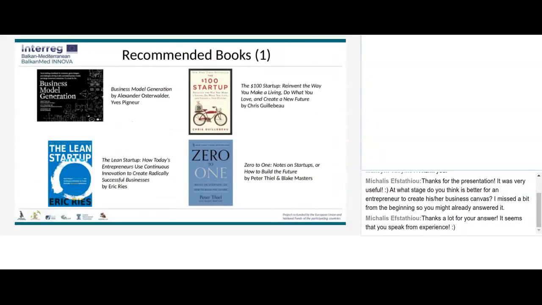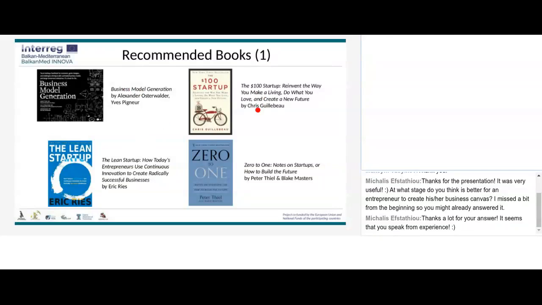So this was for Uber. These are some recommended books that I want to leave you with. The Business Model Generation, which is the main book if you want to learn everything about the business. By the way, the business model of Uber is called the multi-sided platform because it's connecting one segment with one other segment.